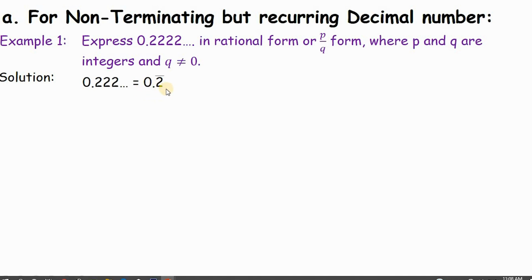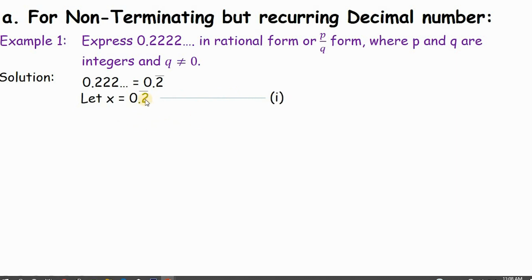Here one digit is repeating. Now the next step is we let x be the rational number that we need to find. So we let x equal 0.2 bar, and we'll call this equation 1.